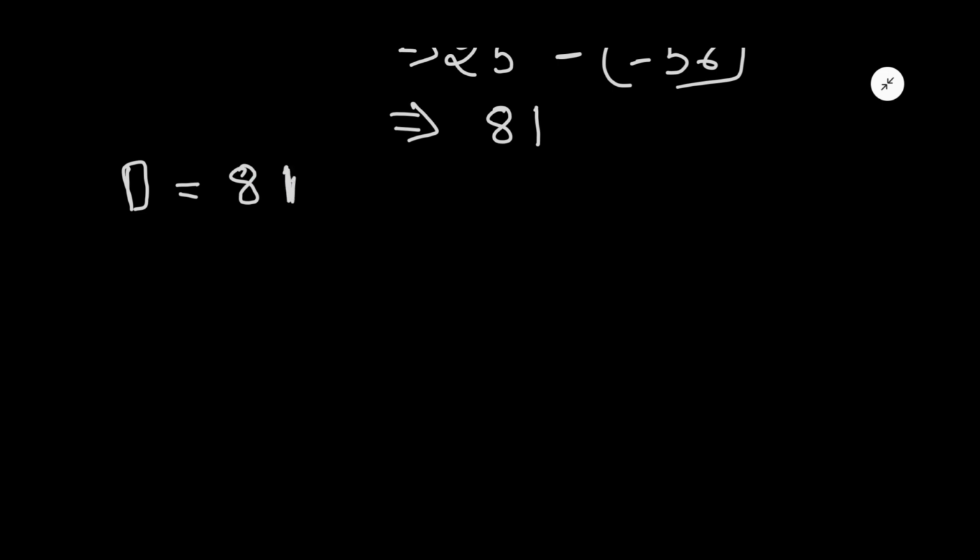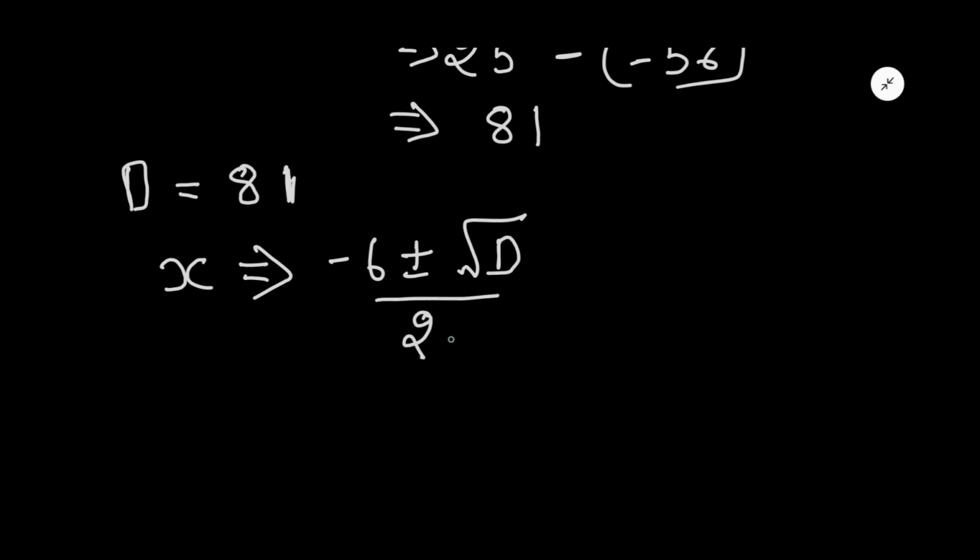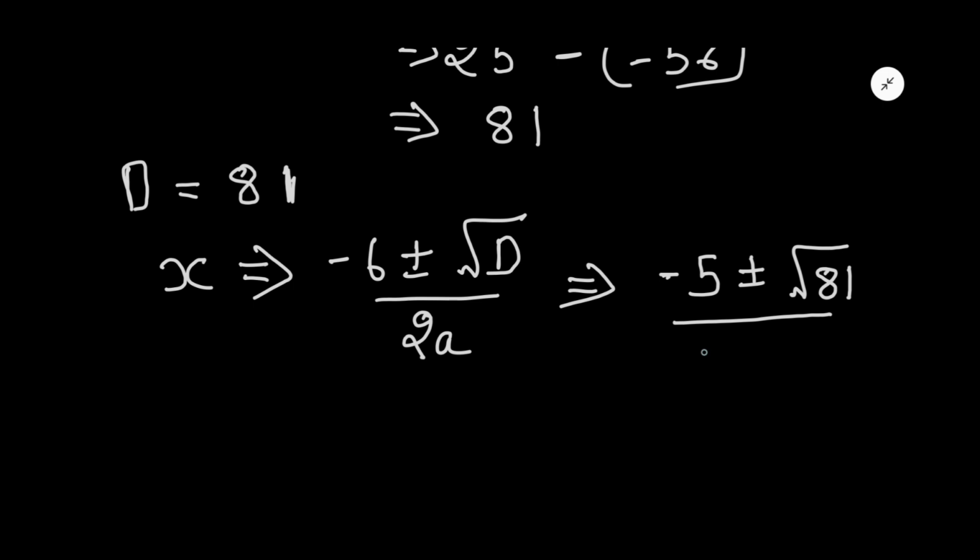So we will put the value of D in our general quadratic formula, which is minus b plus minus under root D upon 2a. The value of b is 5, the value of D is 81 and the value of a is 1.